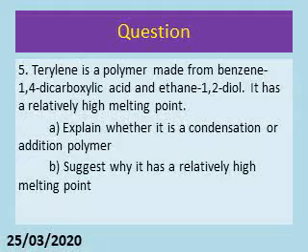It's also telling us that it's made from this monomer and this monomer. So it's made of two different monomers, and it's telling us that it's got a pretty high melting point. So rather than worrying too much about what these chemicals are, the only thing you really need to know is the fact that there are two of them, and that's important for answering the question.